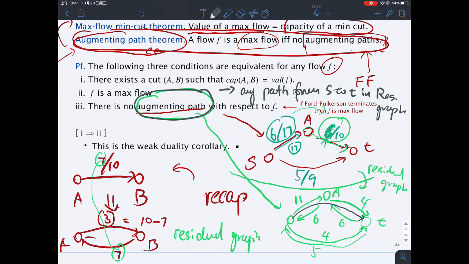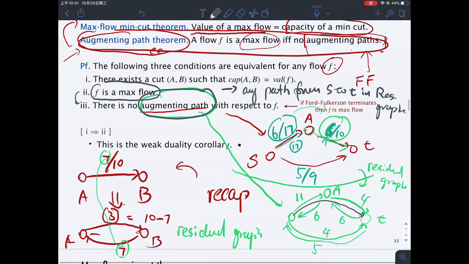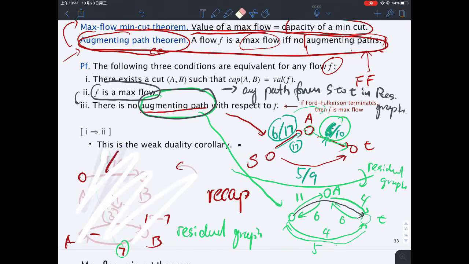So let us reinterpret this whole theorem. It says that if F is a max flow, then in the residual graph S and T are disconnected. This is what statements 2 and 3 are about. Now I think we don't have any questions in interpreting what the statement is about.